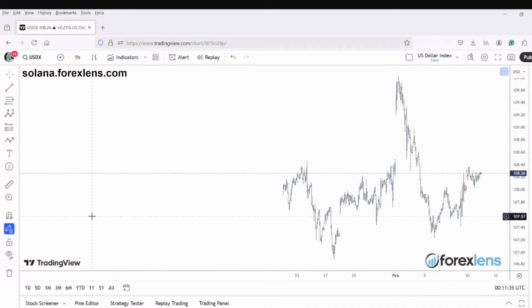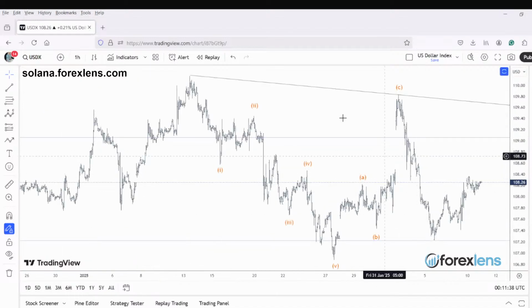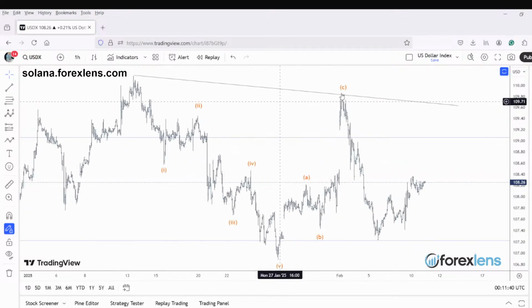And we've also got a lower high, or you can say a lower top, in place around 109.85, and the dollar index prices are actually not carrying forward beyond the previous swing high.